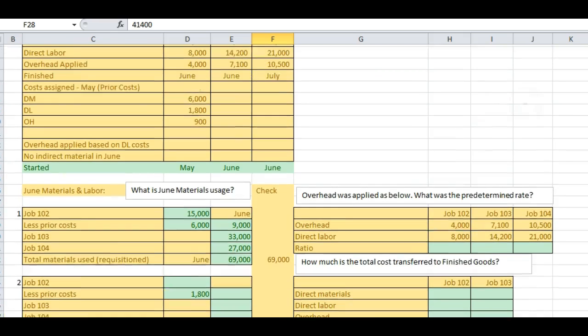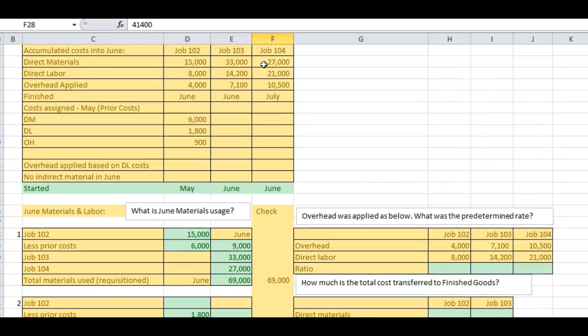Question 2 is they want to know what is the overhead ratio, the predetermined overhead. So they gave us these numbers. Our direct labor is 800, 1,400, 200, and 21,000. Our overhead, if you look right down here, is already calculated.